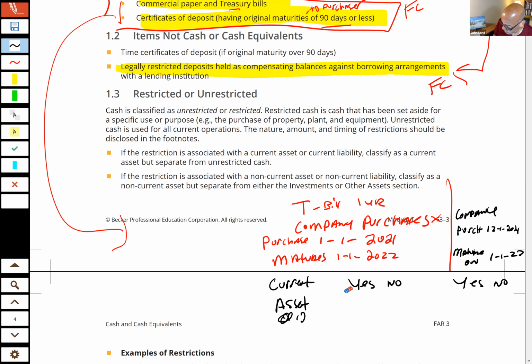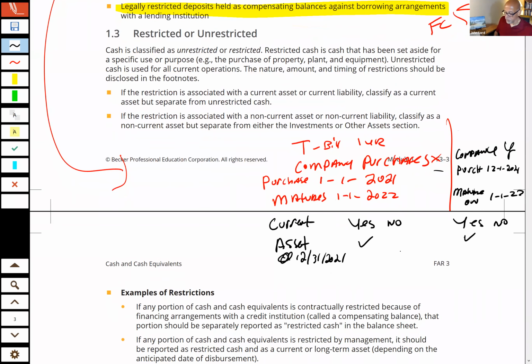At 12/31/2021, is it a current asset to company X? Yes. Good. Current asset because it's going to mature the next day, right? Okay. How about company Y? Yes. This is company Y over here, guys. Okay, good, excellent.